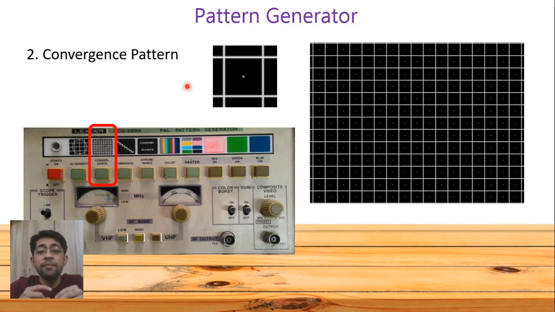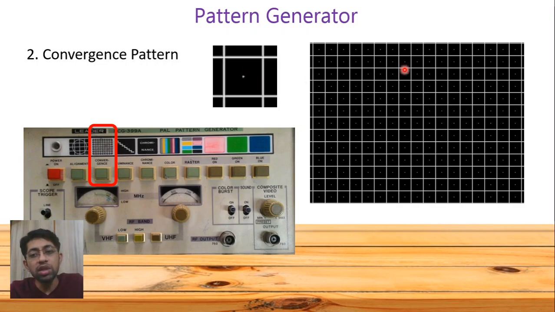If the electron guns are pointing exactly to the corresponding phosphorus, then this dot in the center will be pure white. If the electron guns are diverging, then you get some fringes of color around this dot. So with the help of this dot, one can predict the convergence of the electron guns toward the phosphorus.